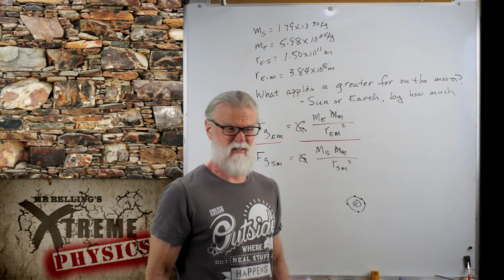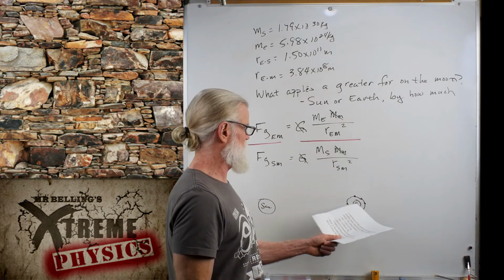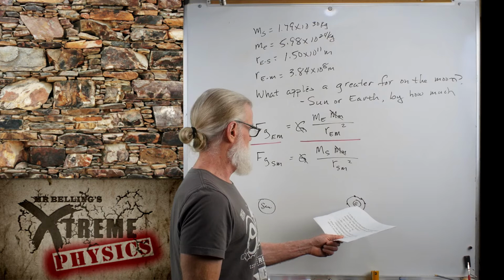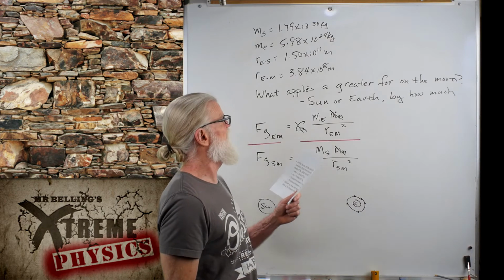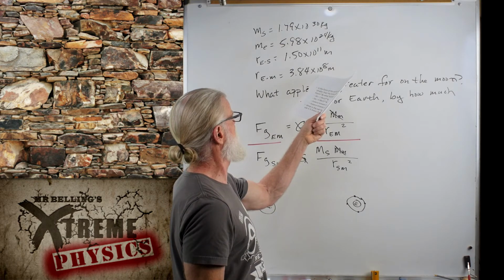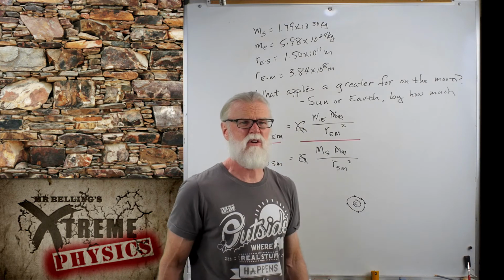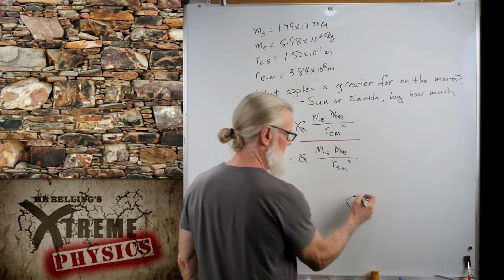Well, for one thing, the distance between the earth and the moon compared to the distance between the Earth and the Sun, or the Moon and the Sun, is quite small. The distance between the Earth and the Moon is 10 to the 8th meters, but the distance between the Earth and the Sun is 10 to the 11th. So it's significantly farther away. Plus, on average, where is the Moon?